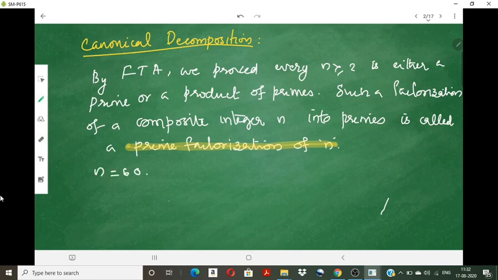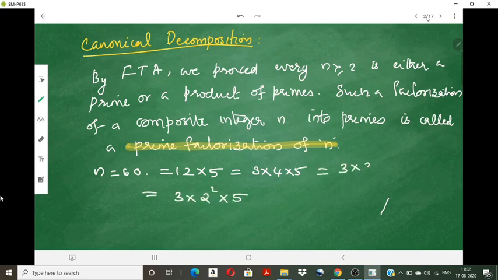We can write 60 as 12 into 5, or 3 into 4 into 5, or 3 into 2 square into 5, or first of all 3 into 2 into 2 into 5.